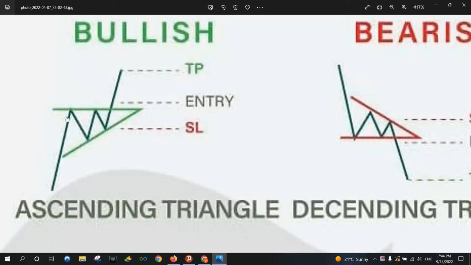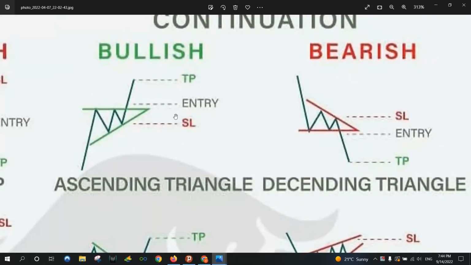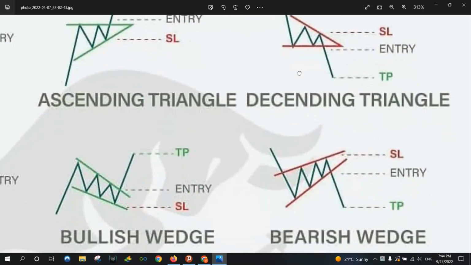And this distance here is equal to this distance, okay? This is the same thing which we talked about on the first episode of this TA course. Higher highs, higher lows. When we broke the resistance or support to the upward or downside, you want to enter in a market, okay? Sometimes these patterns work and most of the time they're not going to work. So don't waste your time.